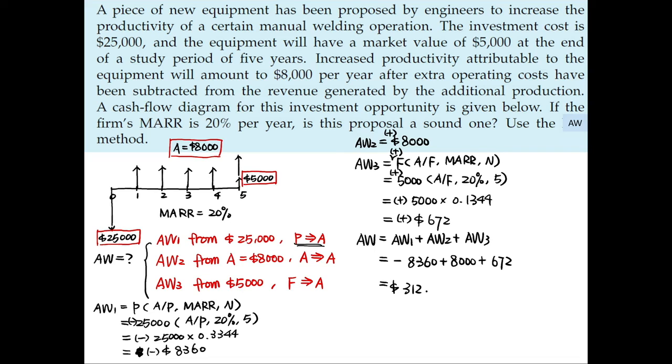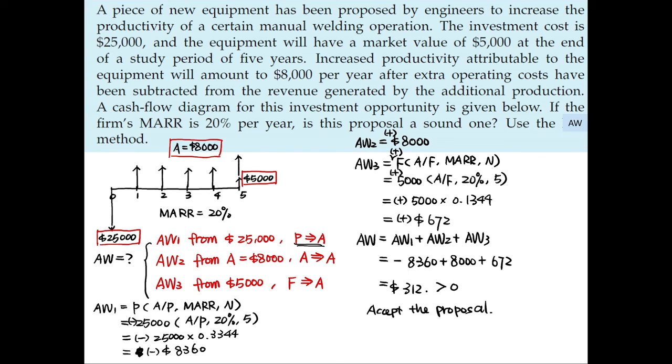So it is positive, bigger than 0. So we say we want to accept the proposal of buying this new equipment. So you can see that although we are using different methods here, all of them will give us the same answer, which is to accept this project.